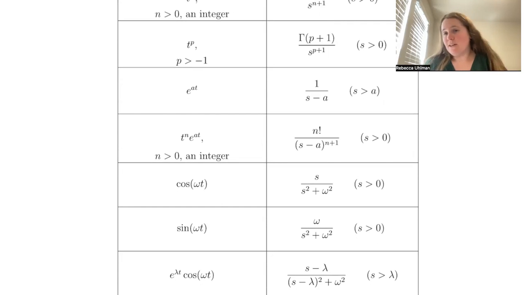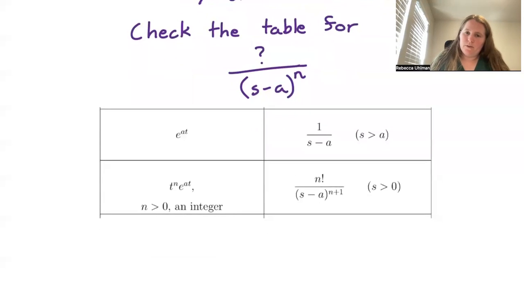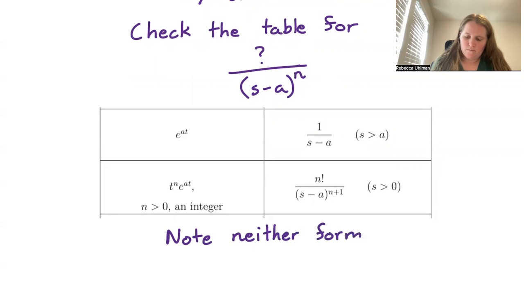Notice neither of these have any s's in the numerator. So let's go ahead and transfer these two forms back to our notes. These are our two forms. So note, neither form has any s's in the numerator.